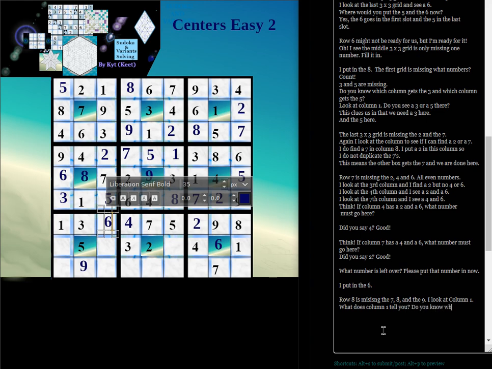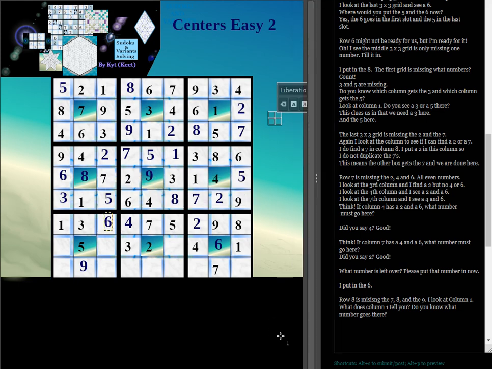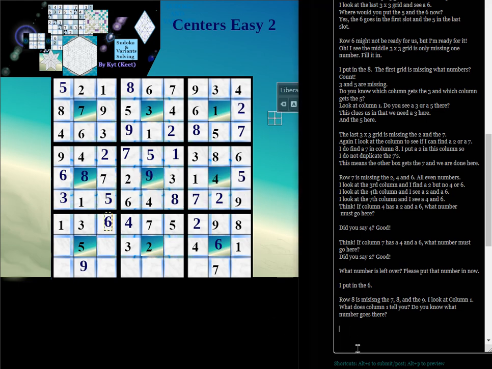Do you know what number goes there? Look at column 3. Do you know what number goes here?